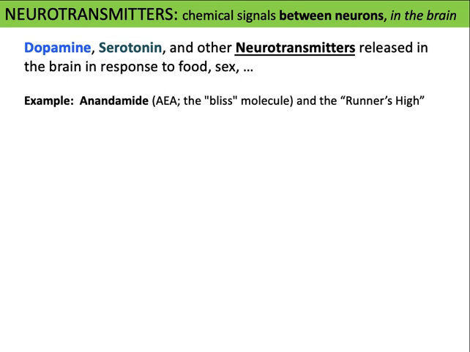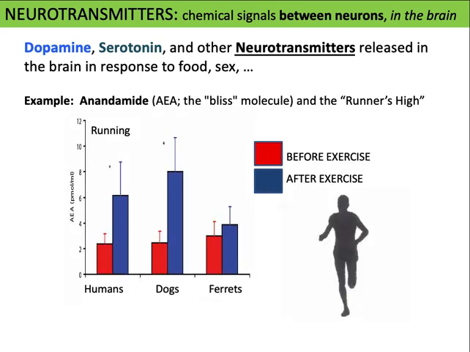Okay. Another example is AEA, or anandamide, which is known as the, quote, bliss molecule that's associated with the runner's high. So interestingly, in both humans and dogs, both of which are species evolved for high activity levels, the brain releases this neurotransmitter after running.